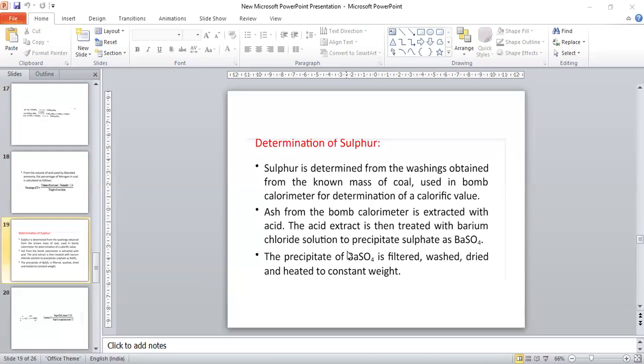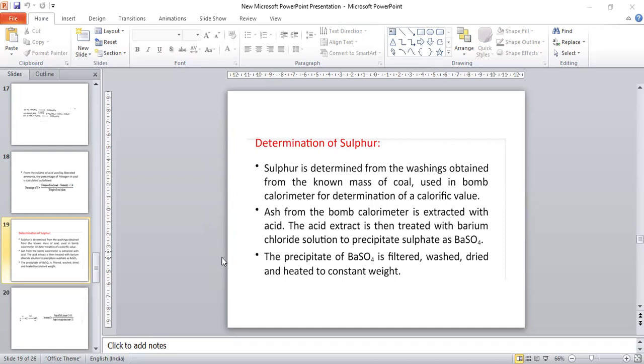Sulfur is determined from the washings obtained from the known mass of coal used in the bomb calorimeter for the determination of calorific value. To determine this sulfur, we use the bomb calorimeter. Ash from the bomb calorimeter is extracted with acid.